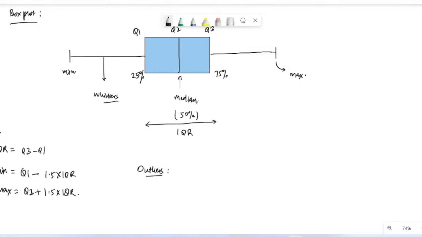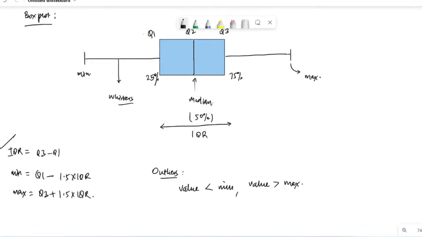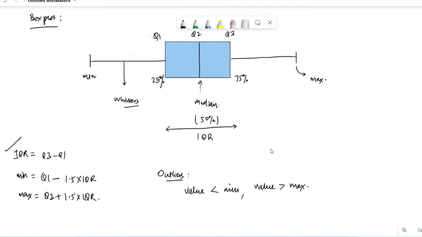It is related in this way: if your sample value is smaller than the min according to the calculation, or greater than the max, in both of these circumstances the box plot will represent outliers, and those outliers will be shown as black dots.